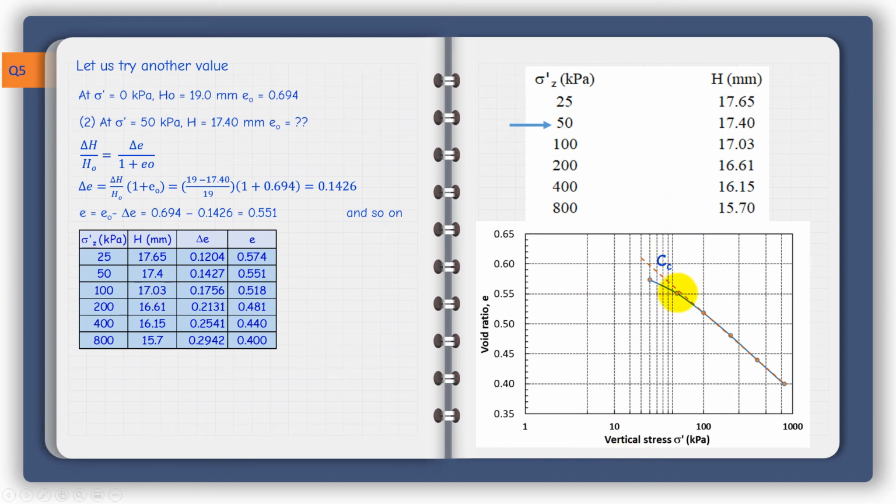Here there is a virgin part of the curve which indicates the range when the sample was never subjected to pressure more than this in the lab, obviously. And the gradient of this is the compression index C sub c. So what I need now is to determine this gradient C sub c.